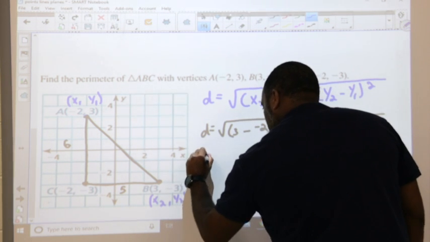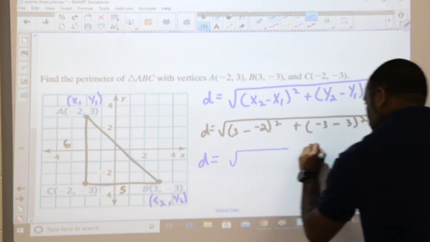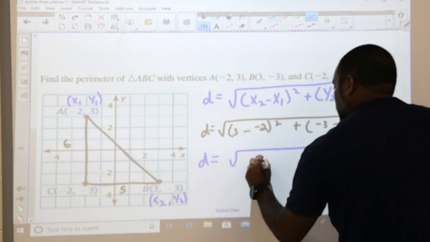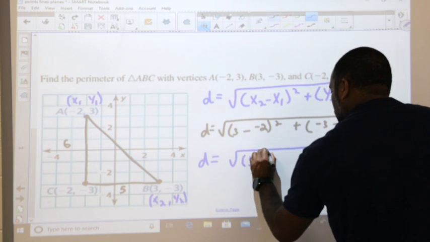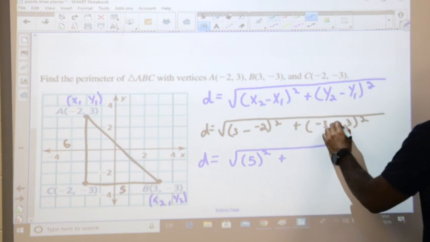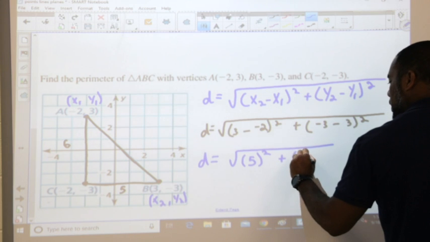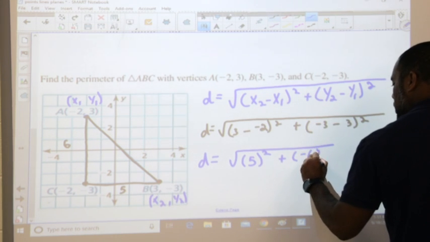That leaves us with D is equal to the square root of 3 minus negative 2 is 5, squared, plus negative 3 minus 3 is negative 6, squared.